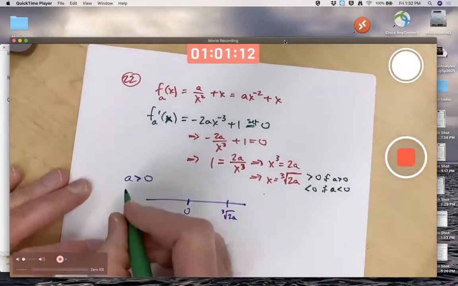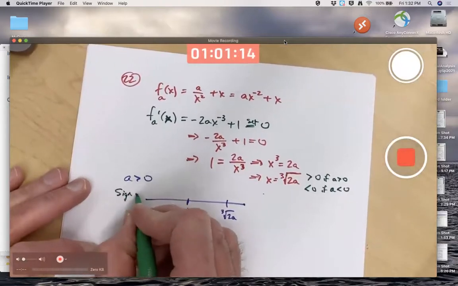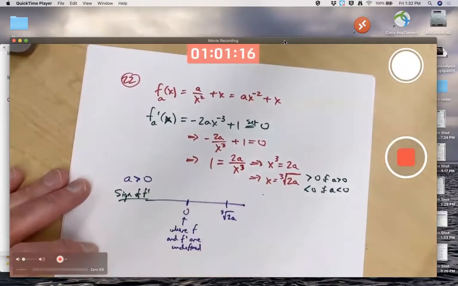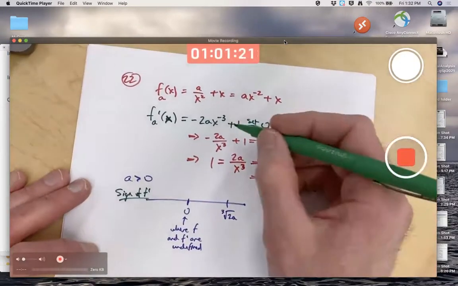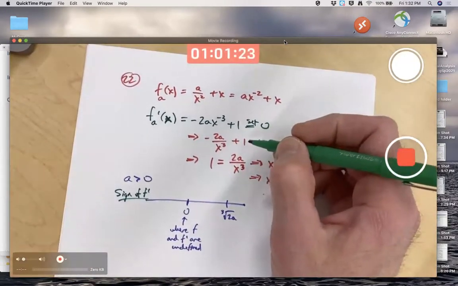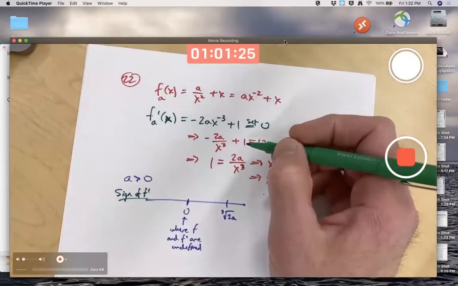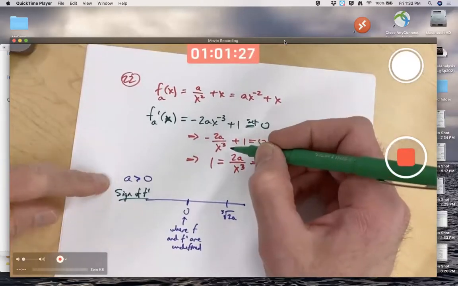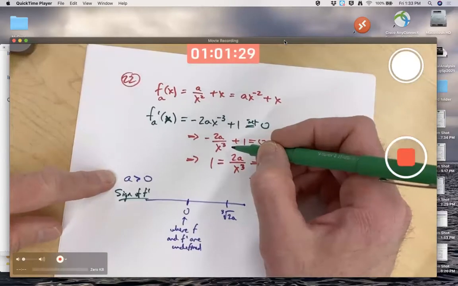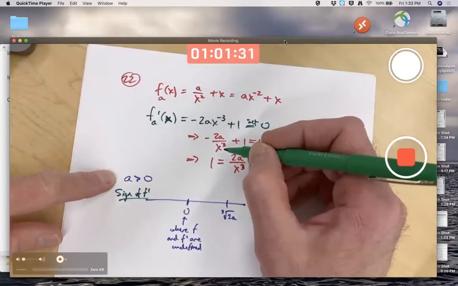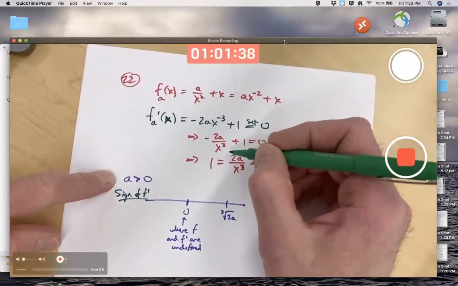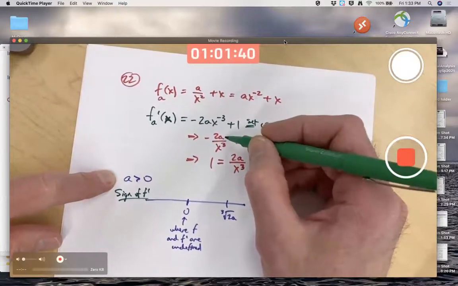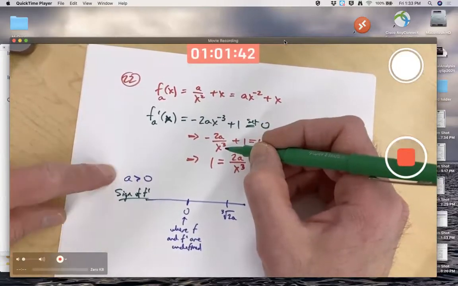What is the sign of f prime? Imagine plugging numbers into f prime. Think with me here. a is positive. Think carefully. If I plug in a negative number for x here, like -1, -1 cubed is -1. It's still negative. 2a over -1, if a is positive, is negative.